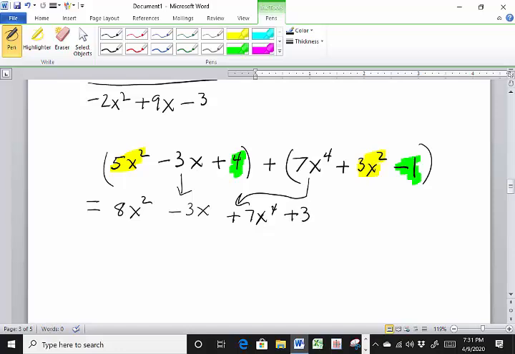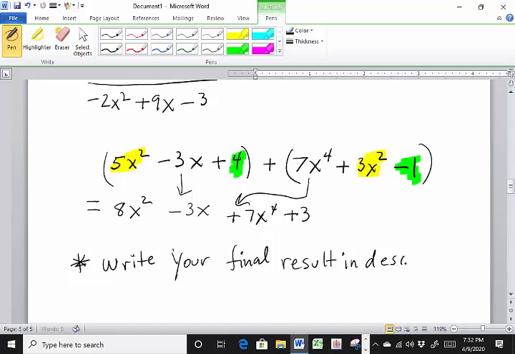Okay? Now, the last thing that I want to mention about polynomials, you want to write your final result in descending order. What does that mean?